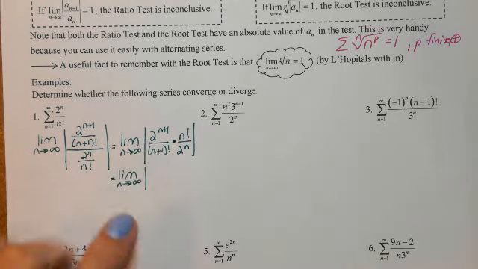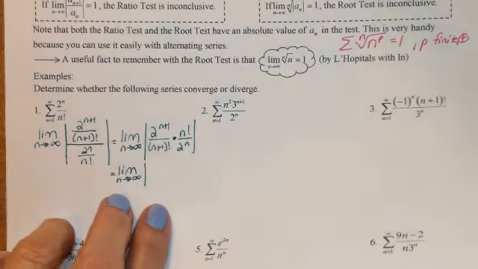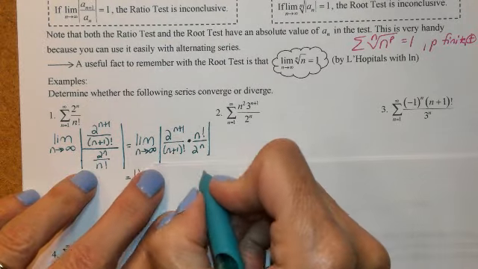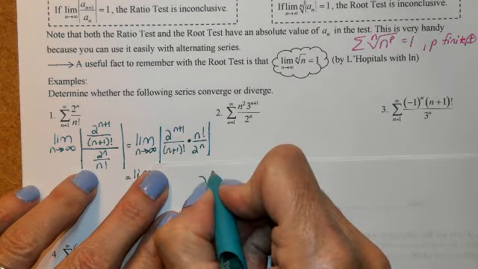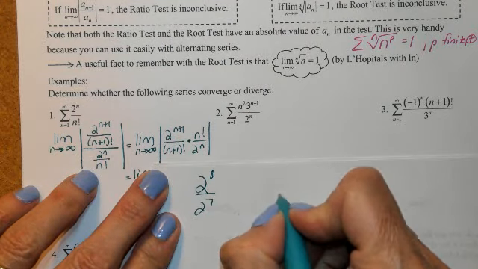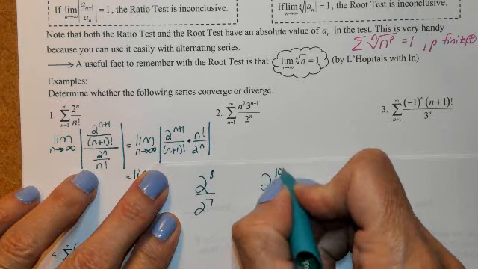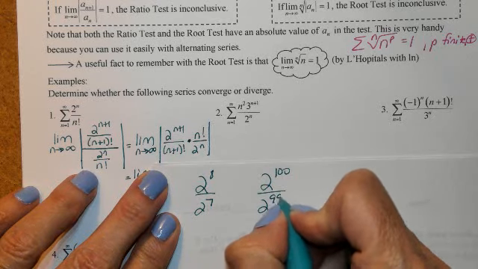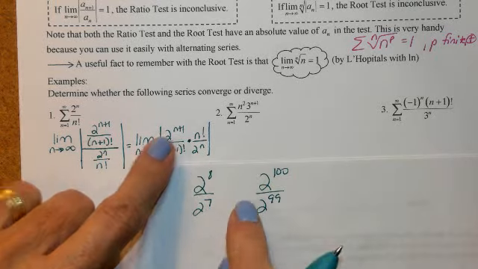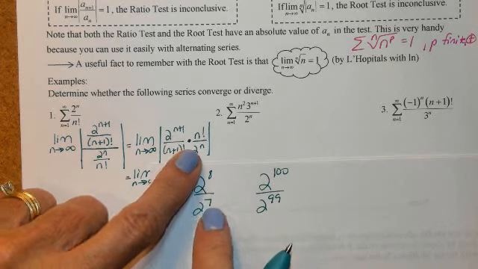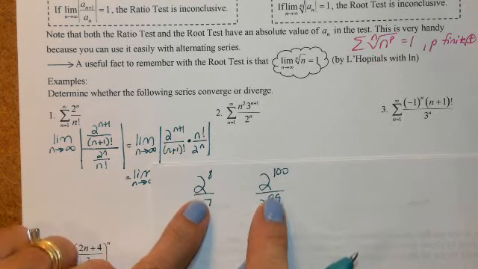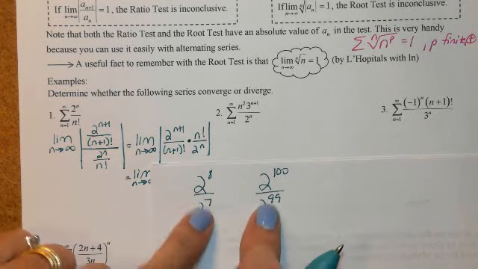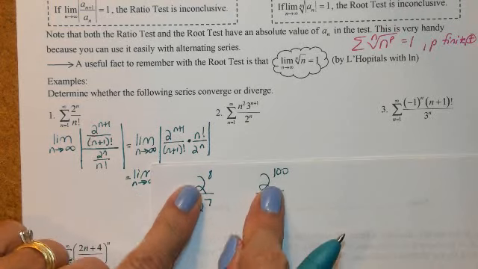Time for a piece of scratch paper. 2 to the n plus 1 divided by 2 to the n. That would be like 2 to the 8th divided by 2 to the 7th, or 2 to the 100 divided by 2 to the 99. How do those always reduce?